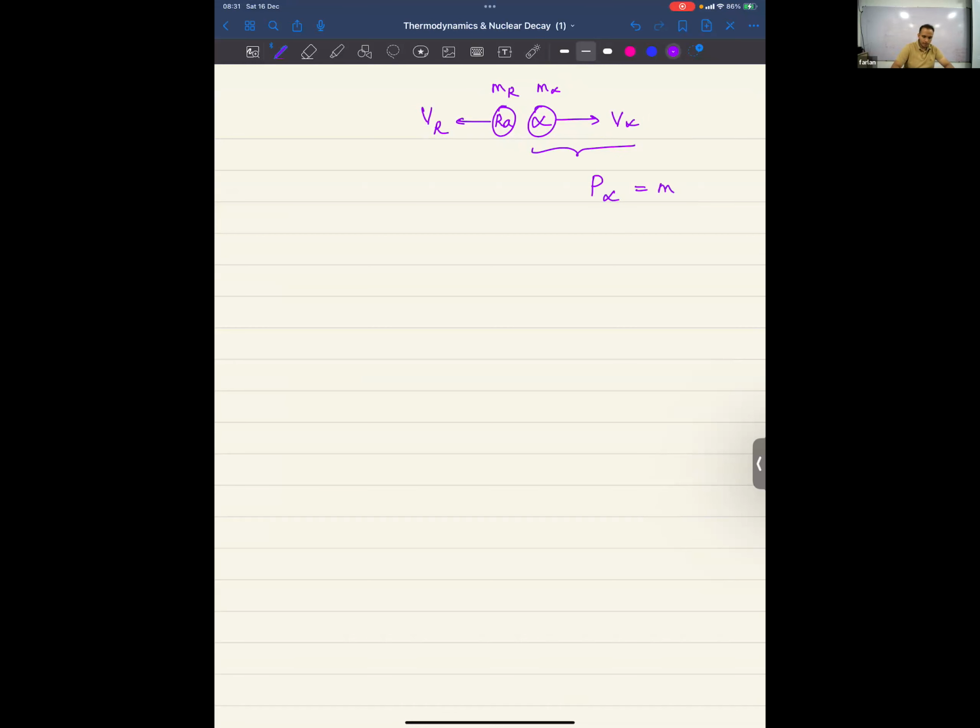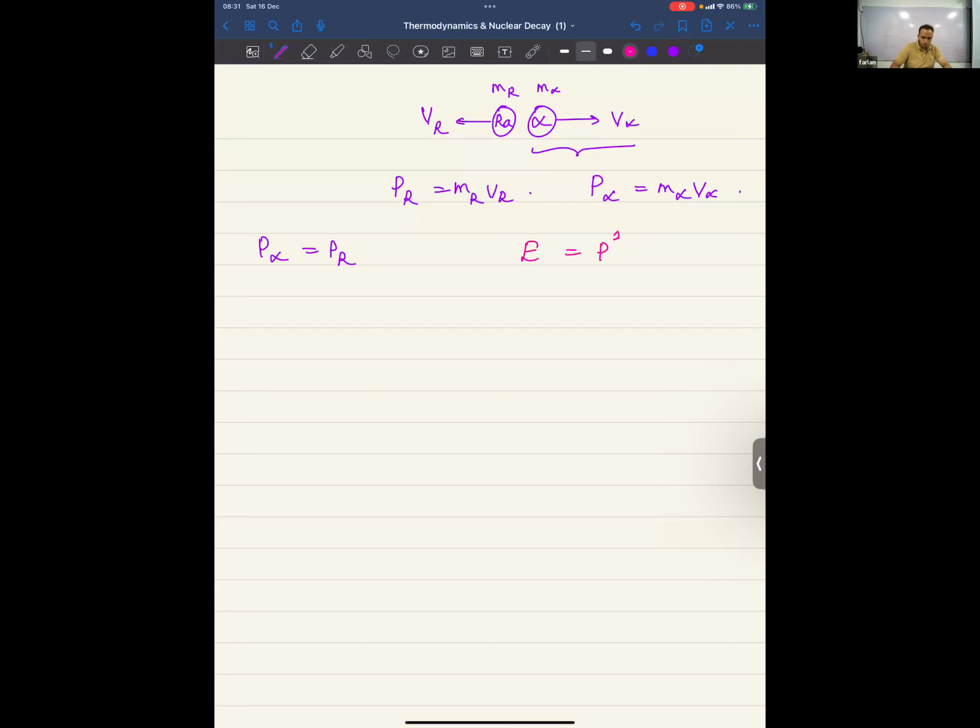Momentum of the radium is mrvr. Since the momentum is conserved, the momentum gained by the alpha particle should be equal to the radium particle. Based on that, P alpha is equal to PR. Correct?